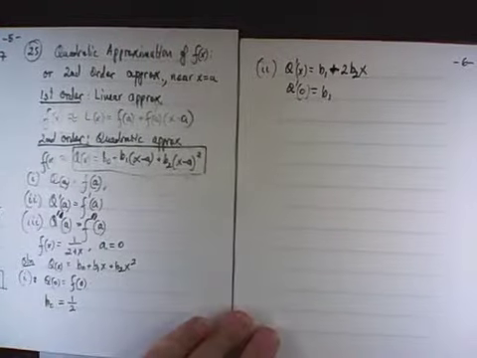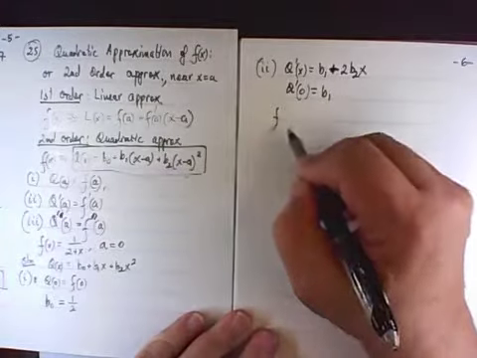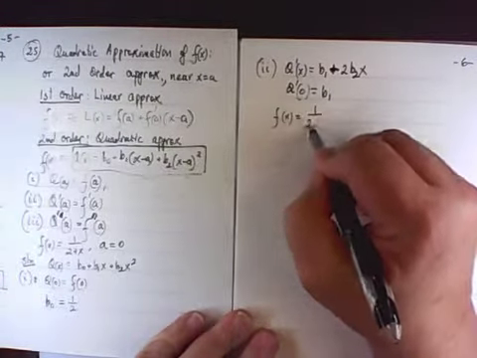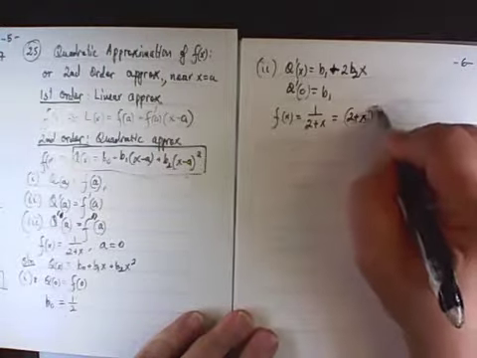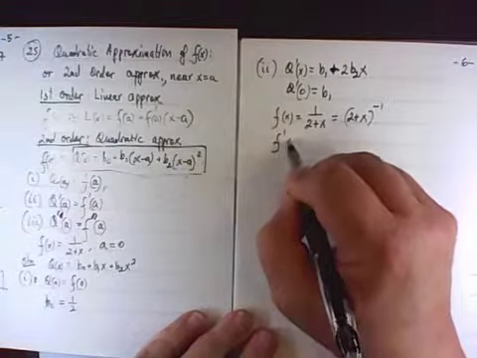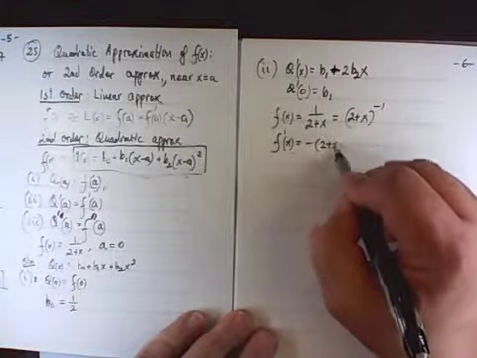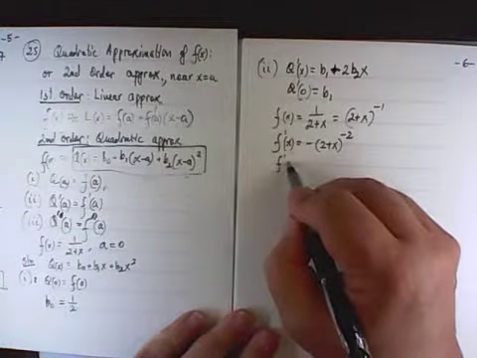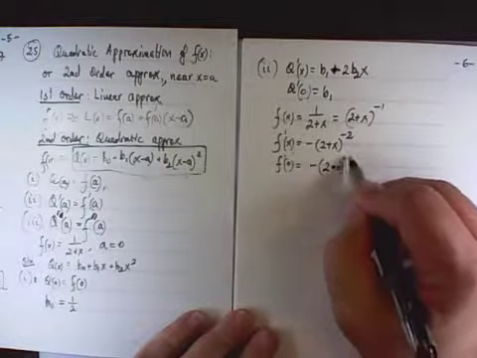What about f? If f equals 1 over 2 plus x, I can write it as 2 plus x raised to the power of negative 1. So f prime is negative 2 plus x to the negative 2. Right? And f prime of 0 equals negative 2 plus 0 to the negative 2.